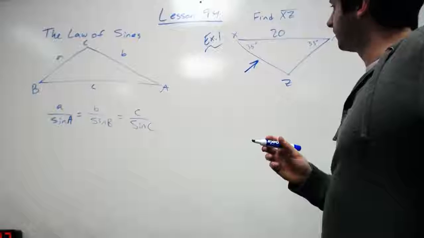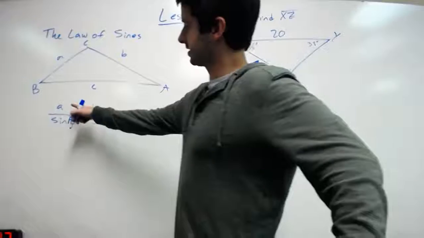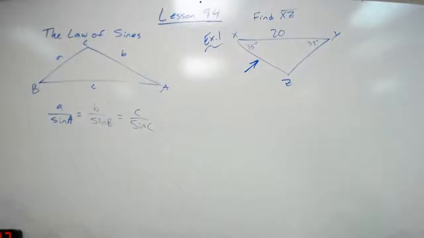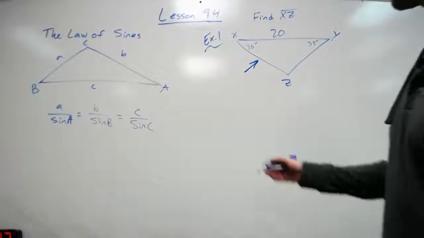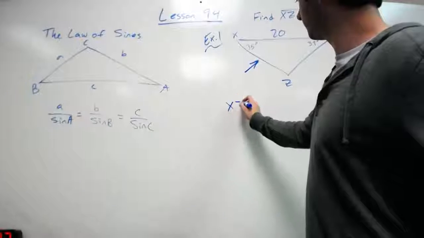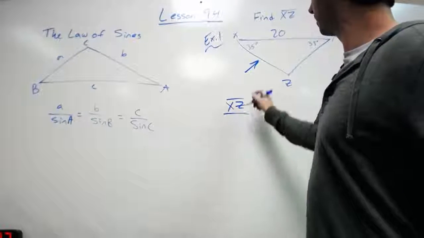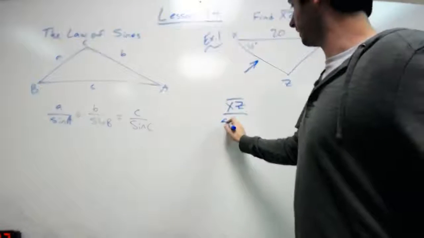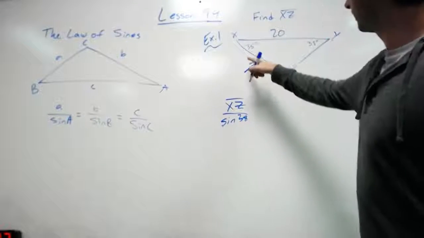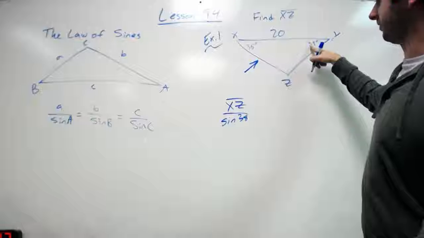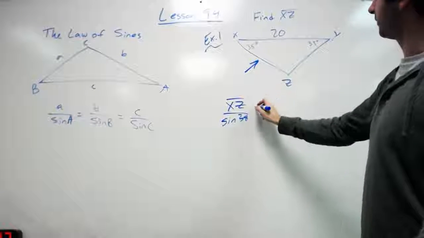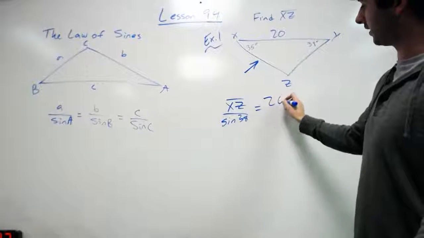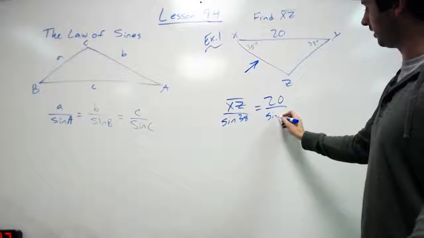We did side length over corresponding opposite angle. So let's do xz over sine of 38, since xz is across from the 38 degree angle. Then we can do 20, we know that side length, over sine of z.